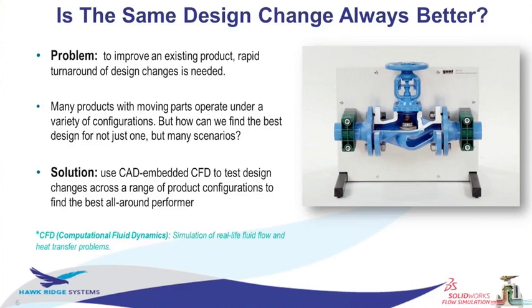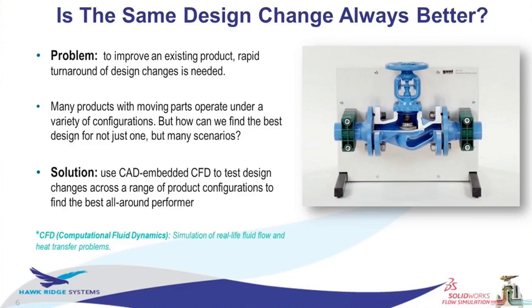But a lot of products don't really just have one operating condition. Aside from the fact that you probably have a lot of different, let's say, loading conditions, or in the case of flow simulation, maybe different flow rates or even different fluids that you need to test the same product for, there are also a lot of products that have moving parts.